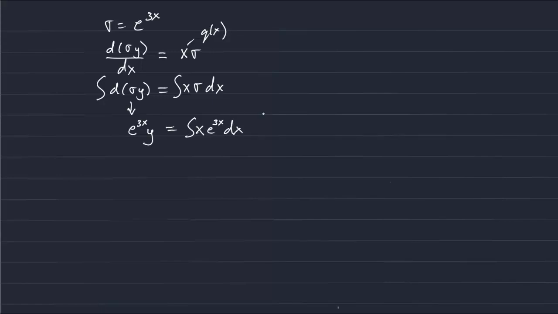So now let's solve this integral. And we'll use the method of integration by parts, in which u is equal to x, dv is equal to e to the 3x dx, and therefore du is equal to x, and v is equal to the integral of this, so that's 1/3 e to the 3x.